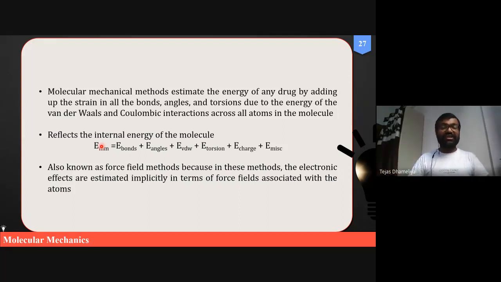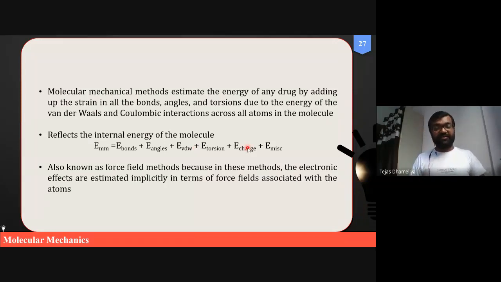I will not go into the depth of that, but my point is that depending upon such things, molecules will have certain energies. Either it is the energy of bonds, which may be covalent bonds between carbon-carbon, carbon-hydrogen. The energies of the angles, maybe torsional angle or dihedral angle, etc. Energy of van der Waals forces, which is a kind of non-polar interaction.